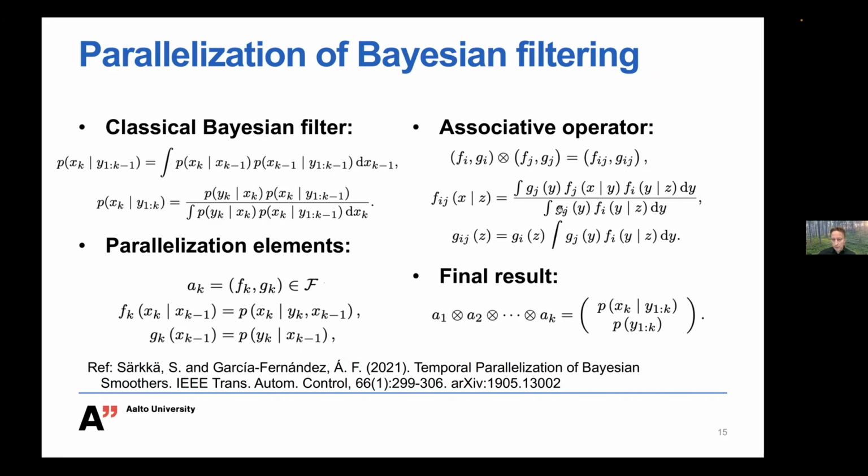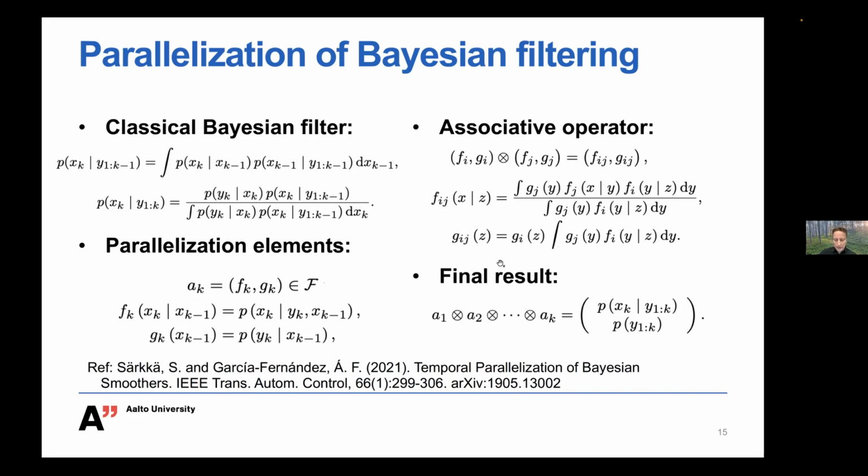It looks a bit like the update, but it's not quite that. And then we have the combination for the g, which looks like this. It resembles some parts of the computation of the normalization constant, but not quite.